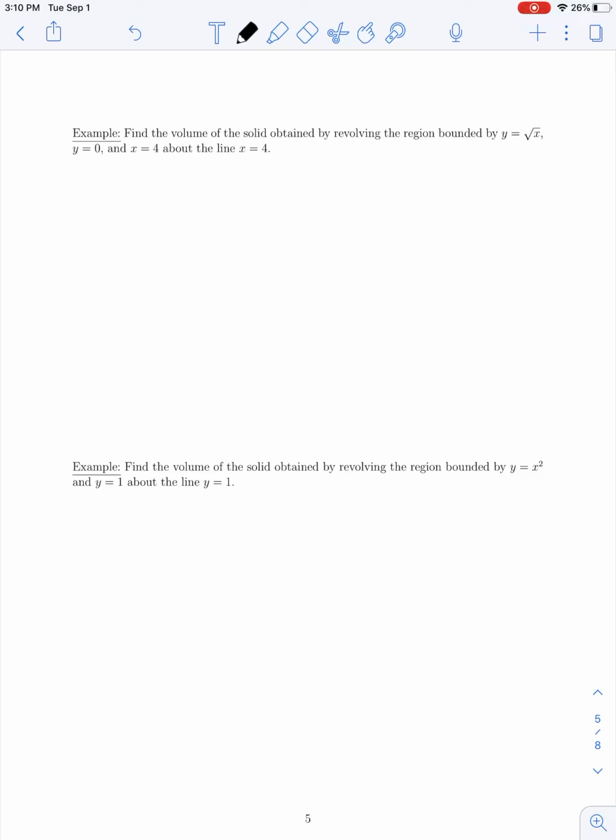In our next problem, we're asked to find the volume of the solid obtained by revolving the region bounded by the square root of x, y equals 0, or the x-axis, and x equals 4 about the line x equals 4. So here, this is similar to a problem that we had looked at a bit earlier in this lecture, where within the xy plane, our region of interest is the region bounded by the curve y equals the square root of x, which is shown here.